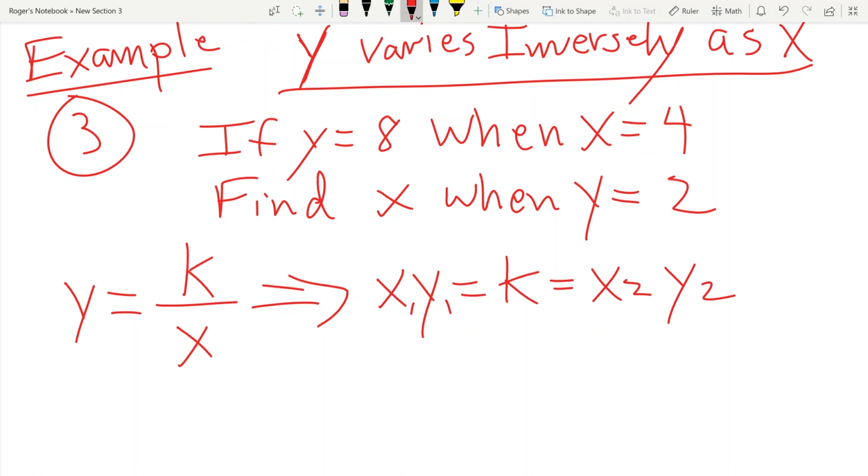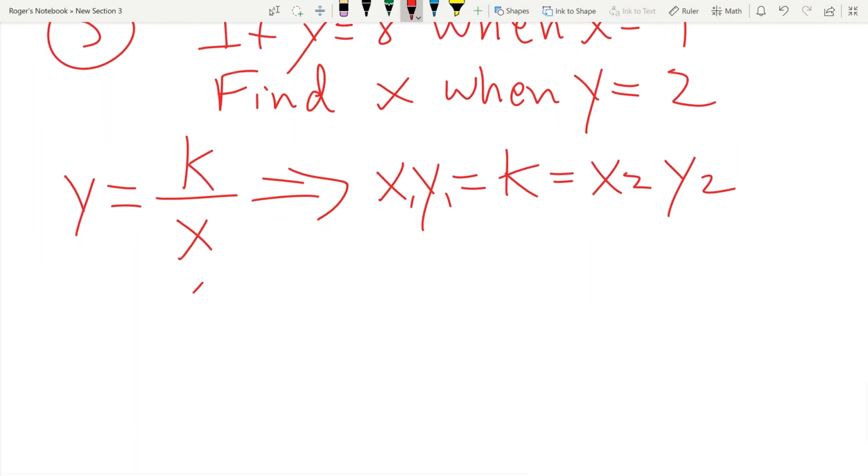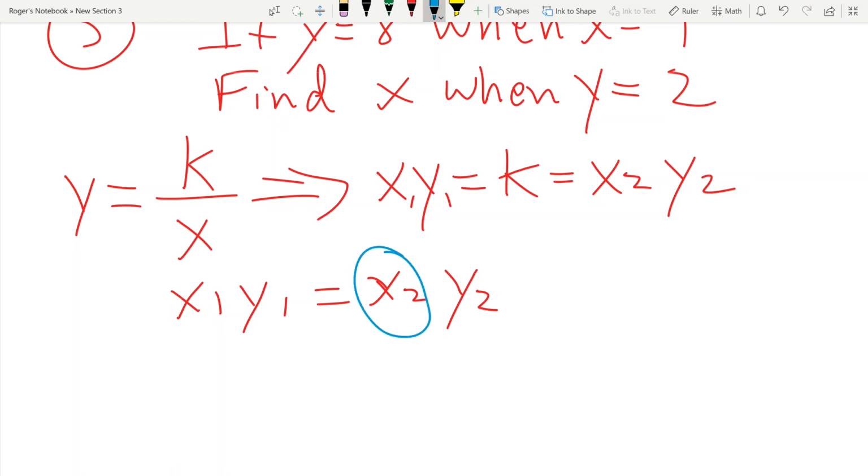Let's get that k out of the middle, and let's just write this as x1, y1 equals x2, y2. Now you're being asked to find x when y equals 2. You're being asked to find this guy right here, x2, okay? Find x, the new x, x2 if you like, when y equals 2.